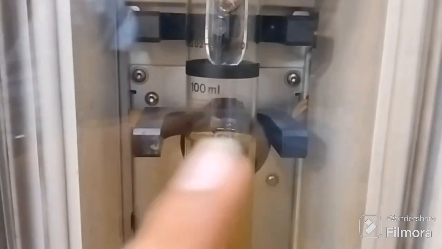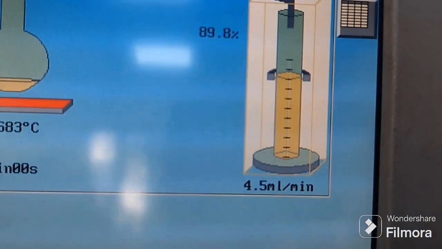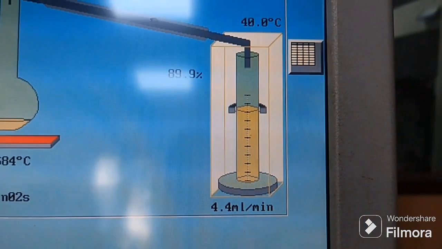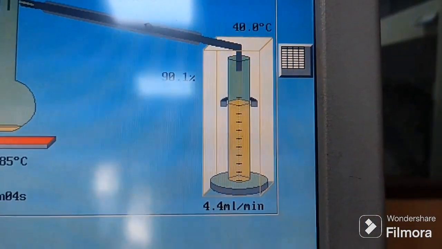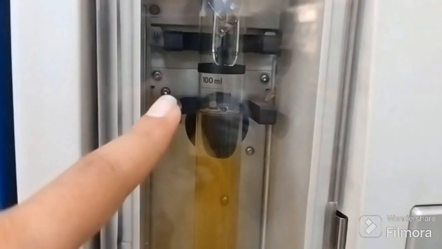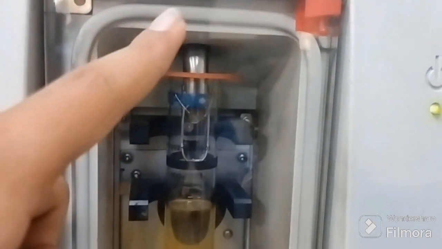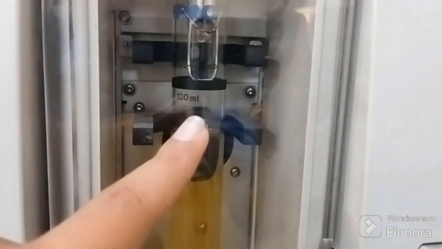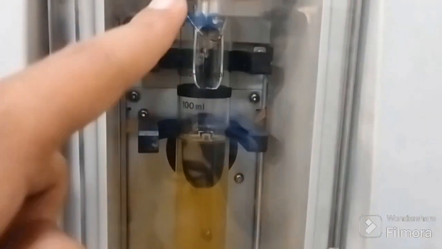The sensor that you are seeing right now is the level sensor. As the level of the liquid in this cylindrical flask rises, this level sensor will also rise, and you can see the drops of the sample being recovered.